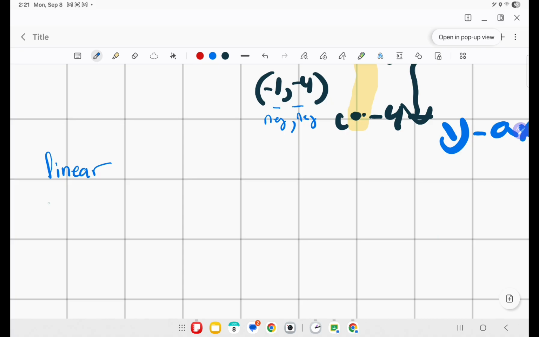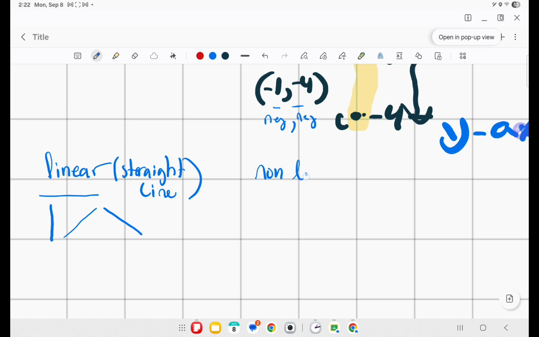So a straight line can be a horizontal line. It could be a vertical line. It could be a diagonal line that's going up or a diagonal line that's going down. These are linear. So linear means you have a straight line. No hooks, no crooks in it.